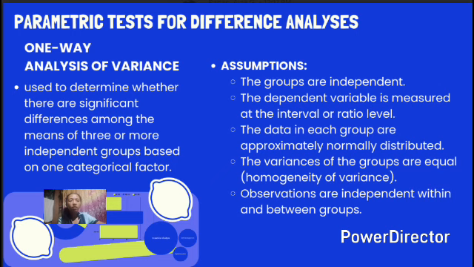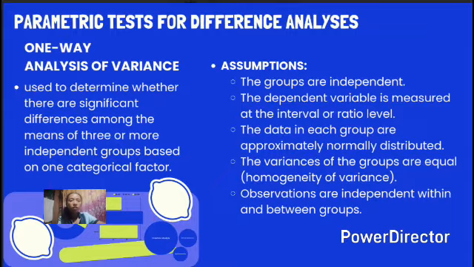Next, for the parametric test for difference analysis, is the one-way ANOVA, analysis of variance. It is used to determine whether there are significant differences among the means of three or more independent groups based on one categorical factor.